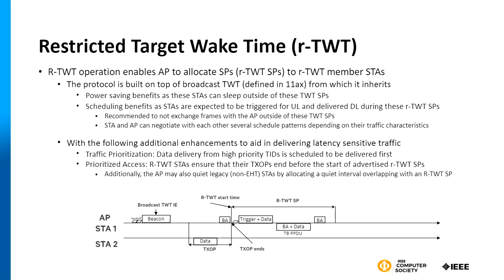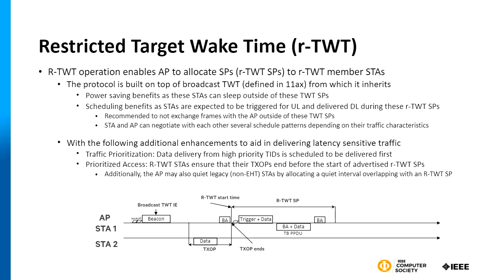Next is restricted target wait time. Essentially the goal of the protocol is to ensure that all transmissions of the AP have service periods negotiated with the station, for example, station 1.